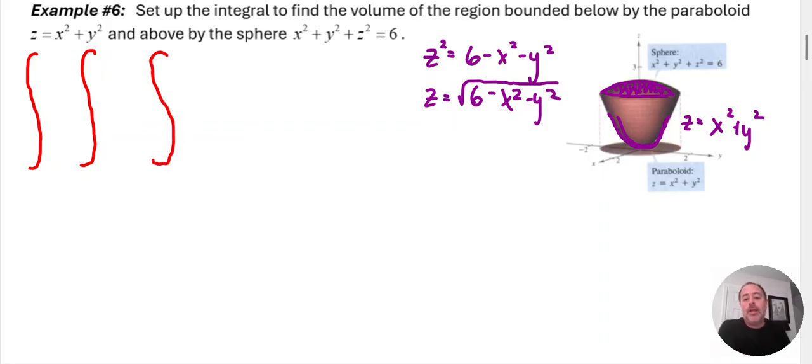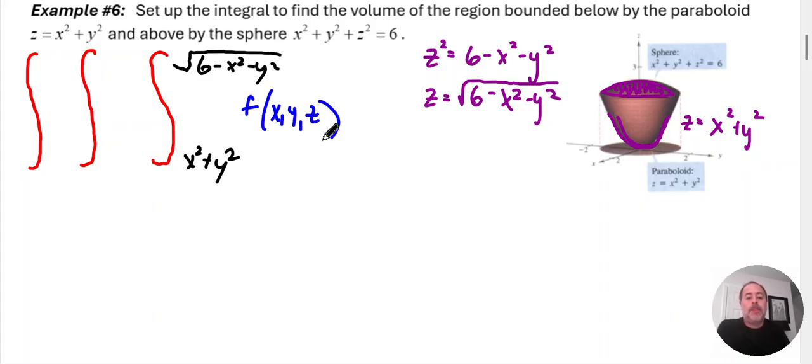So I'm going to write down that the upper curve is z equals 6 minus x squared minus y squared, and our lower curve is x squared plus y squared. This is in terms of f of x, y, z, and we have our first term of dz.